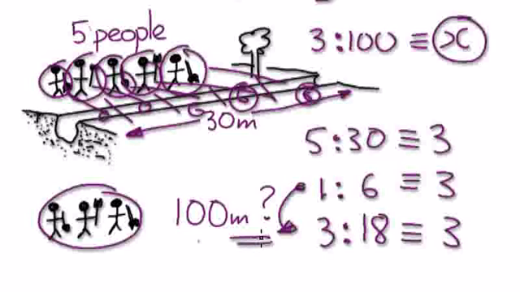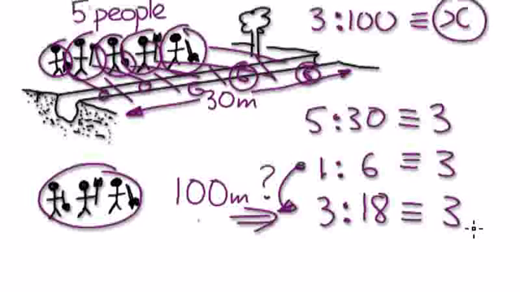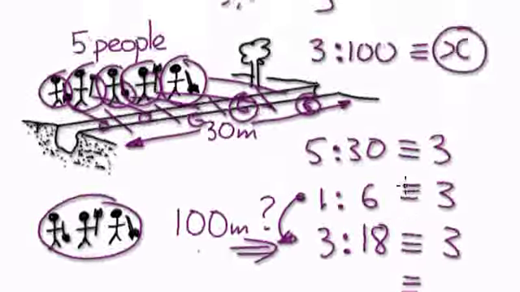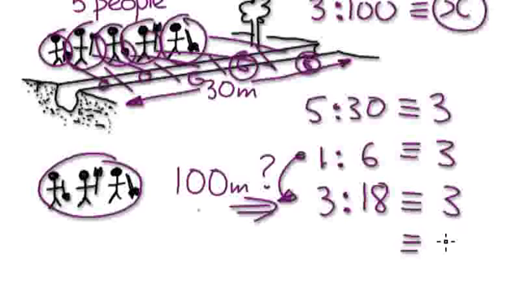Now, you again use reasoning here. 3 people can dig 18 meters in 3 days. Well, hang on, let's double the amount of time here. Let's say in 6 days, then 3 people can dig twice as much as this.